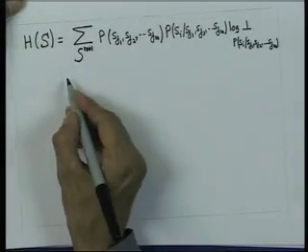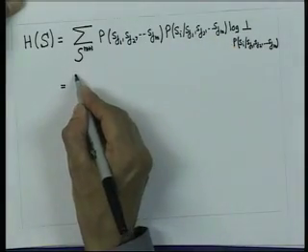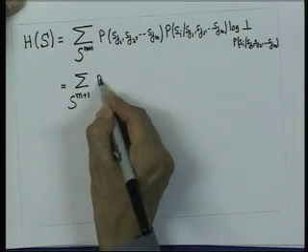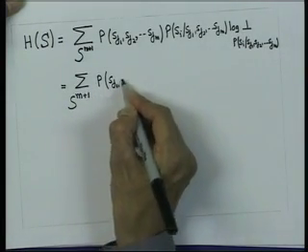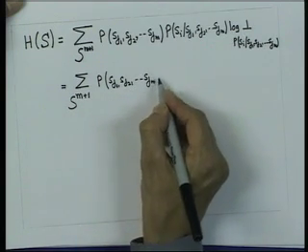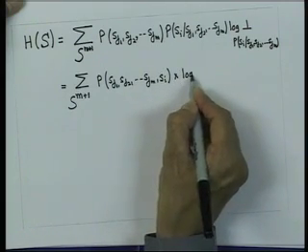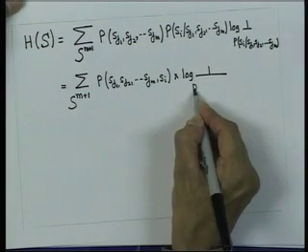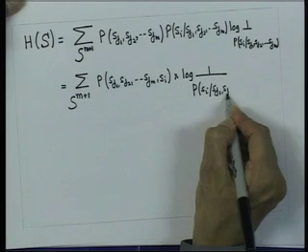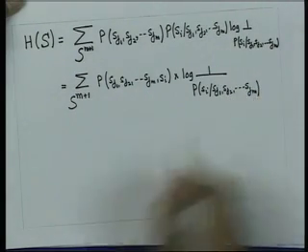Okay. So, this quantity can be simplified as, multiplied by log of the probability of Si given Sj1, Sj2, ..., Sjm.